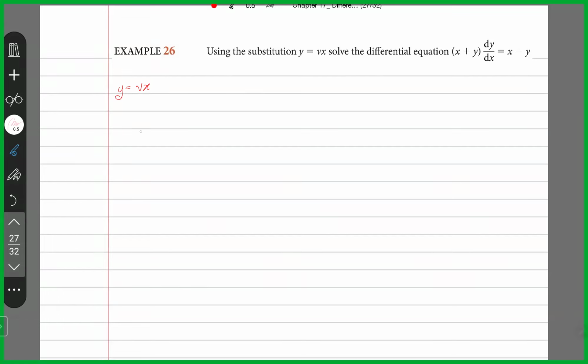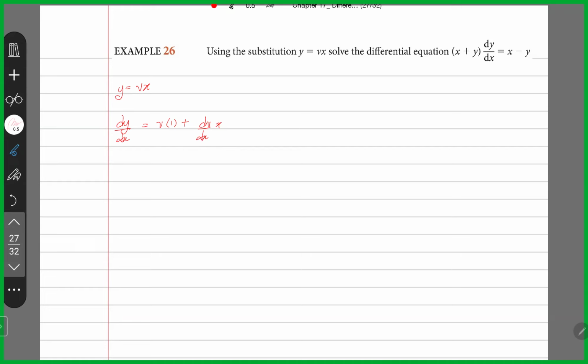dy by dx would be equal to, this is a product, leave the first v, differentiate the second, differentiate x with respect to x is 1, plus differentiate the first, leave the second, so dv by dx times x.